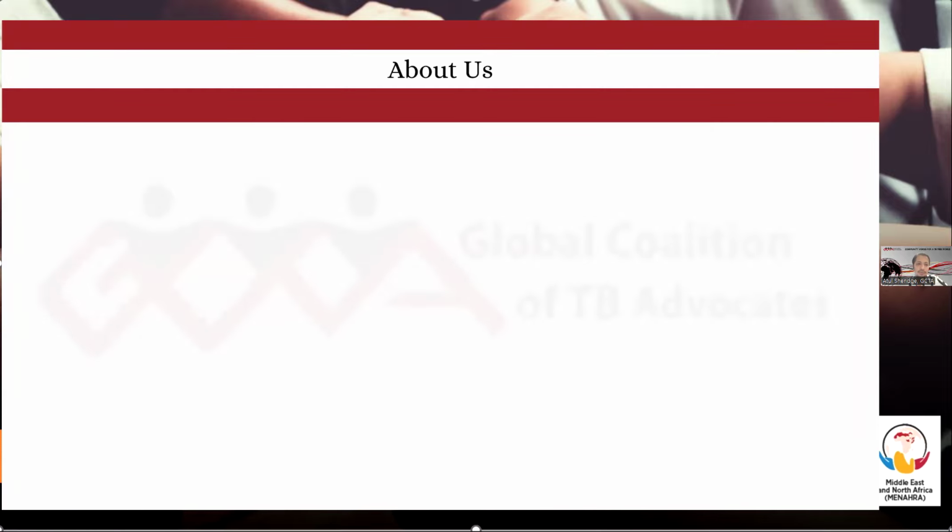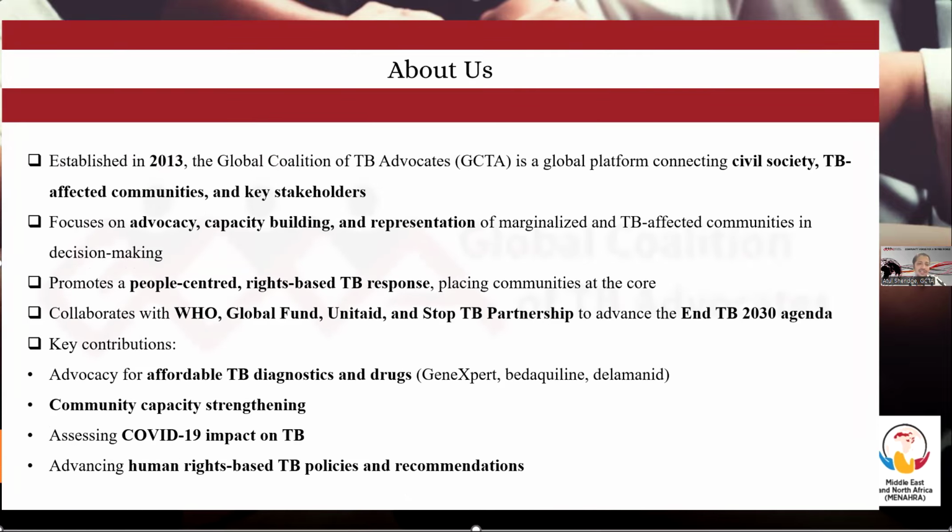So I'll start with who we are. Don't get scared with too many words. I'll just touch upon it briefly. GCTA is a global platform that brings together civil society organizations and key stakeholders in the TB response. Our work focuses on advocacy, strengthening community capacity, and ensuring that TB-affected communities, especially those most marginalized, have meaningful representation in decision making.